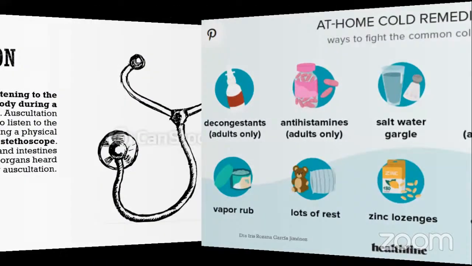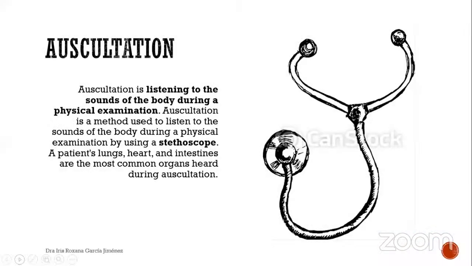For catching more expressions. During our job, talking specifically about the respiratory system, of course, we have to develop the auscultation. We have to listen to the sounds of the body during a physical exam.